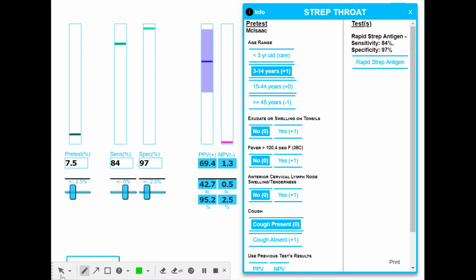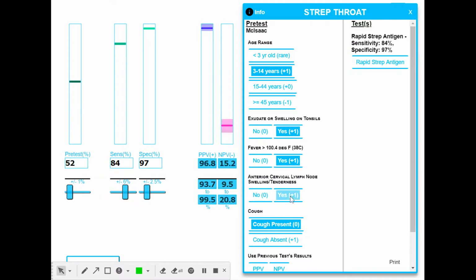So this is an actionable bit of information, is now that the test is positive, you could implement treatment. And as the child had more and more signs and symptoms of strep throat, the post-test probability gets higher and higher.